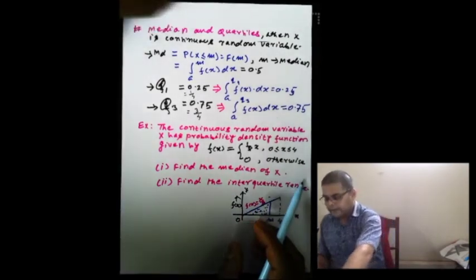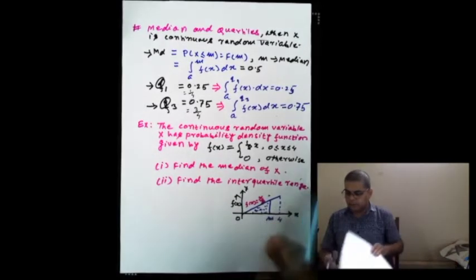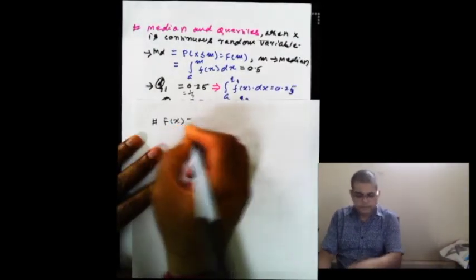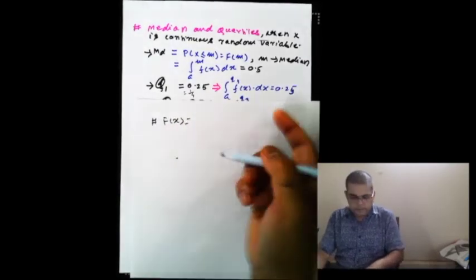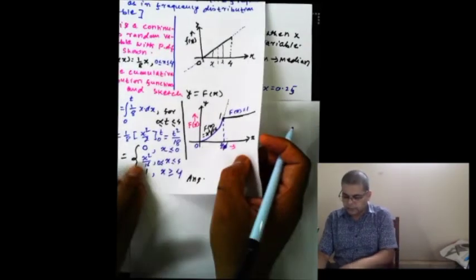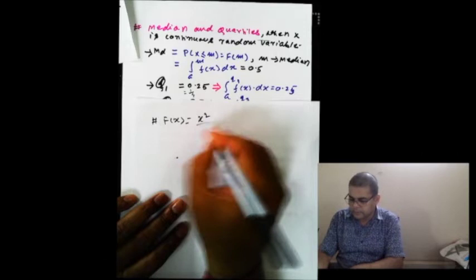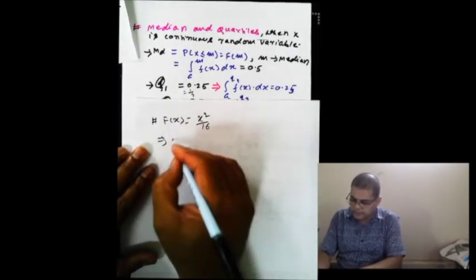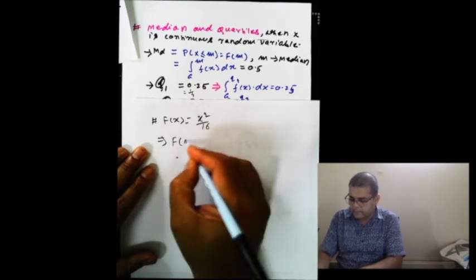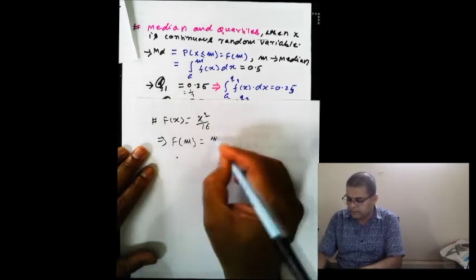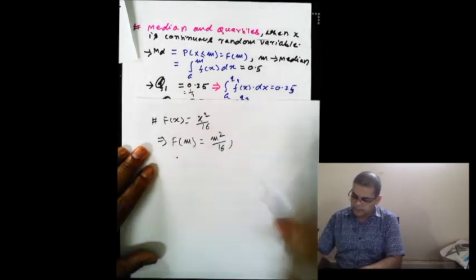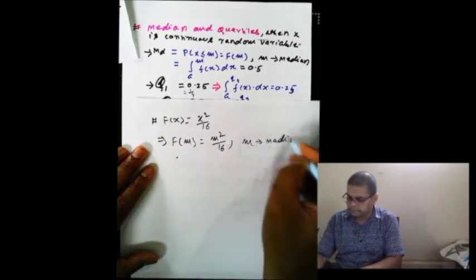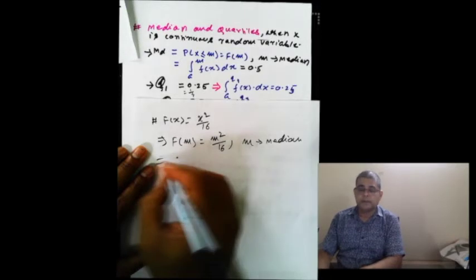So how do you find the median of that? You can do it in two ways. Just now you have learned about F(x). For this function it was x squared by 16, and then if you say F(m) equals, then it is m squared by 16. That means here m is the median, and you know that the median takes 50% of the value.